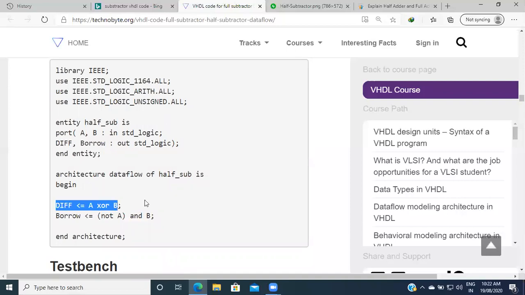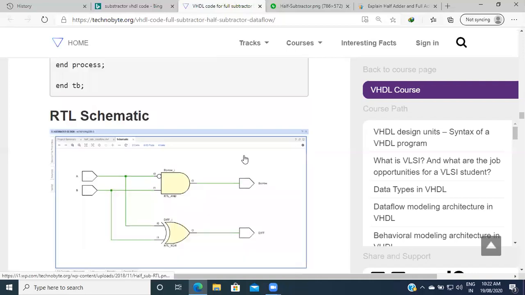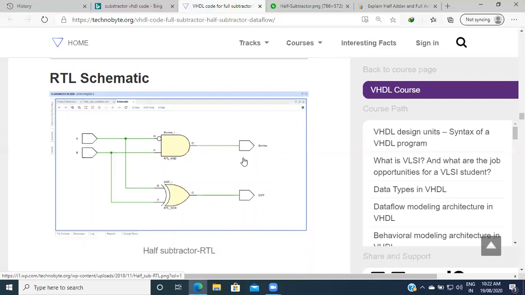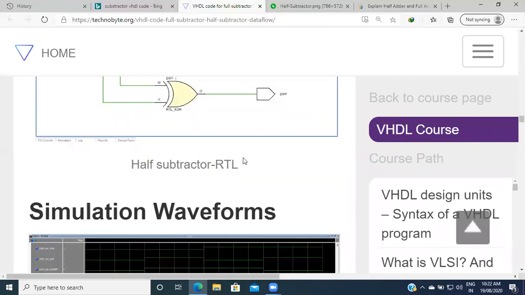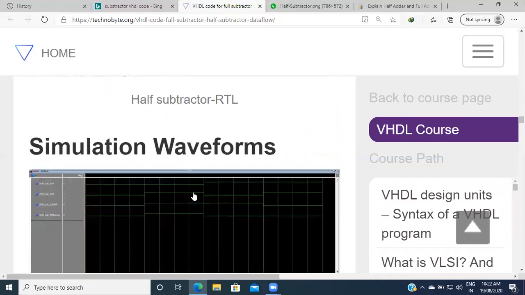DIFF value is nothing but A XOR B, and the borrow value is nothing but not A and B. So that AND gate is giving the borrow value. So not A and B is equal to borrow, and A XOR B is nothing but the difference. That is the half subtractor.